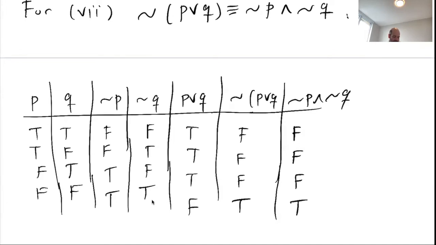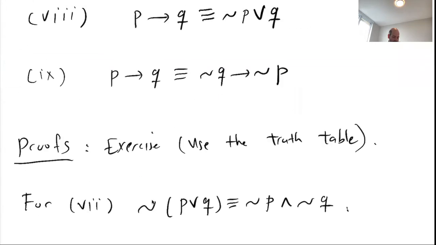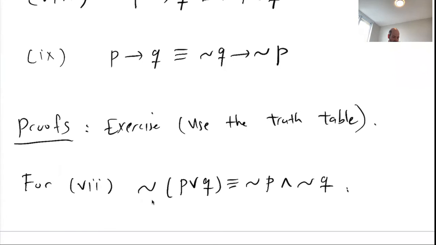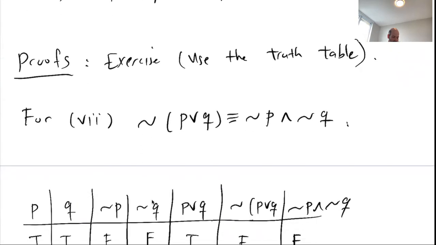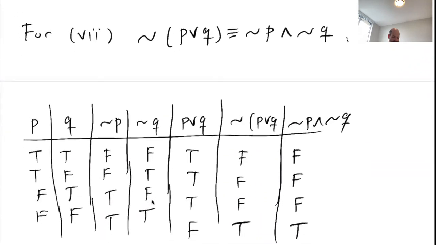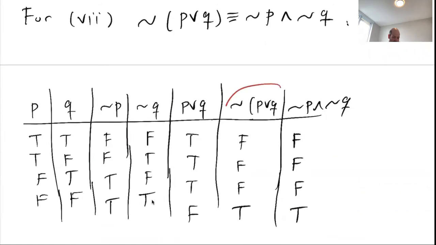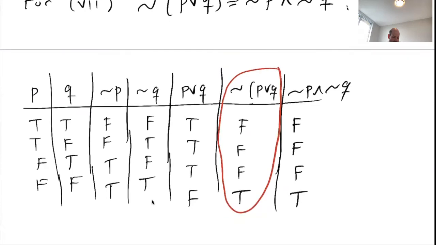Now let's look at this column. So again, what is the goal here? I'm proving this identity: negation of P or Q is logically equivalent with negation P and negation Q. So negation of P or Q means this column, and I have to compare it with this column.